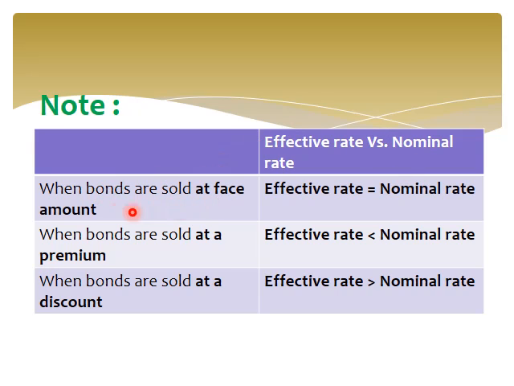When bonds are sold at face amount, the effective rate is equal to the nominal rate. When bonds are sold at a premium, effective rate is less than the nominal rate. When bonds are sold at a discount, meaning yung issue price is mababa kaysa dun sa face ng bonds, therefore the effective rate is greater than the nominal rate.